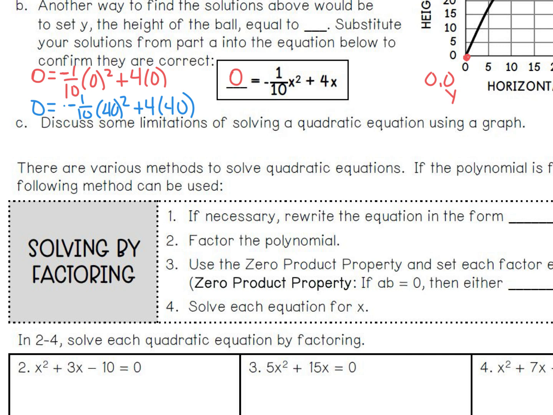We could have guesstimated it to be 1/3 or 1/5 or 3/2 or 5/3. So some of the limitations in using a graph is the roots are not always integers, meaning they're not nice, pretty, positive and negative numbers, right? Whole numbers.